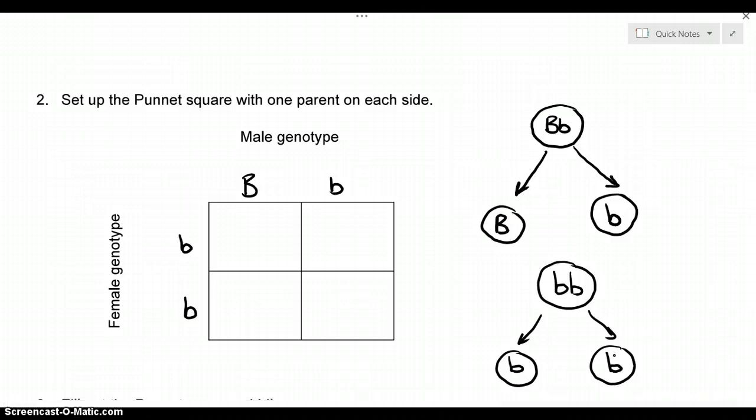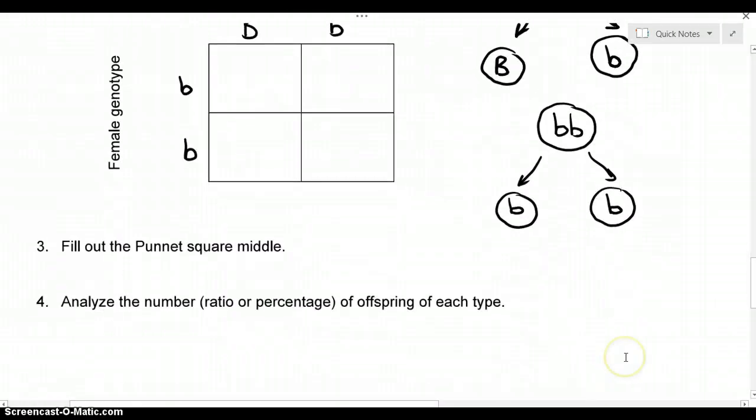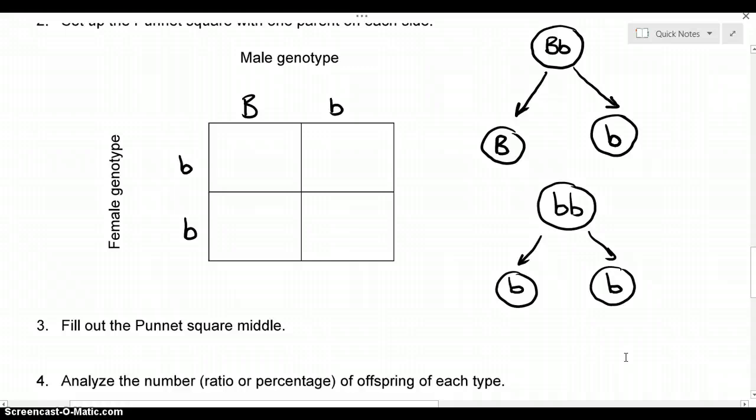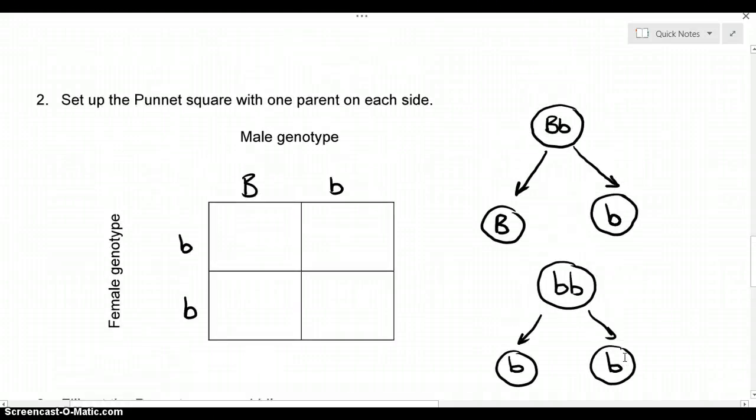Number 3 says complete the middle of the square. Right, so if we go and pair the male and the female alleles, we are going to find from the male we have the dominant allele, and from the female we have the recessive allele.